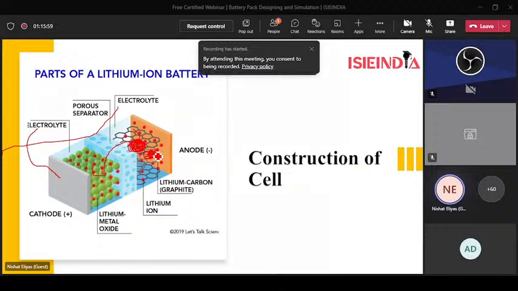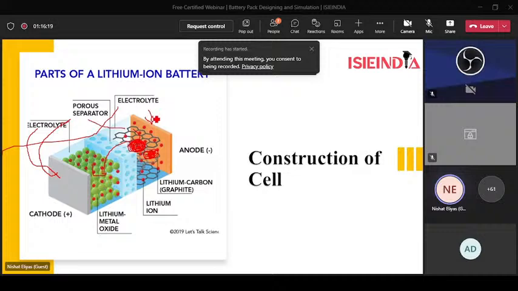Outside the cell, electrons move to the anode side of the cell.